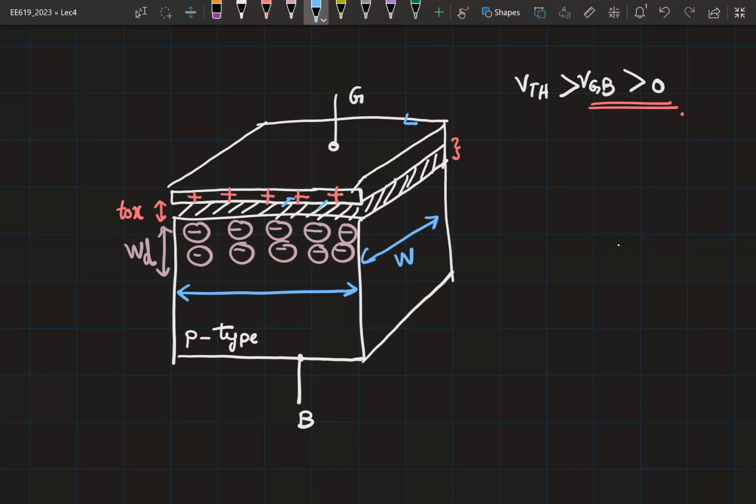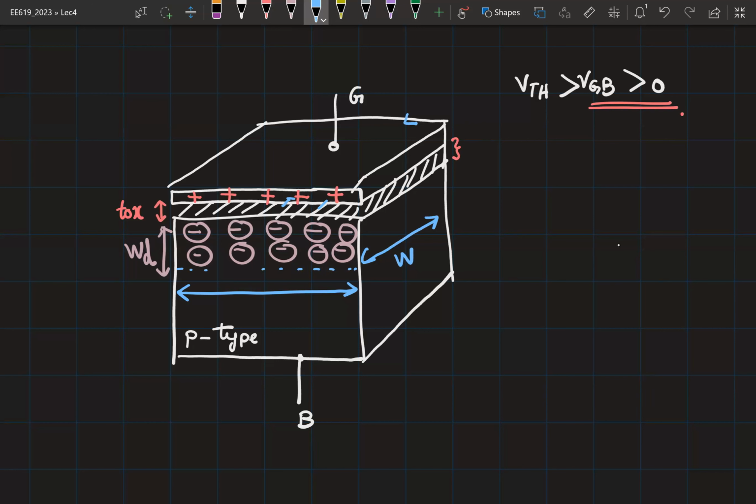So where are the free charges now on the other side? The body has holes, right? Now you can uncover more negative charges when the holes move to the bottom, right? So you have to imagine the other plate somewhere here.